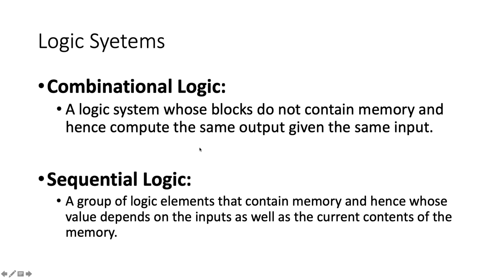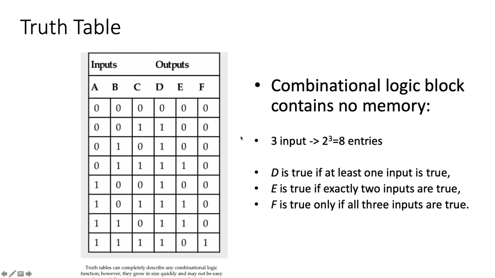So as an example, remember we had a truth table that I was showing you previously. Given 3 inputs, because they are binary, you have 3 inputs, A, B, and C, and you have outputs there. Given 3 inputs, you have 2 to the power of 3 entries because these inputs have different permutations, right? All of the 3 could be 0, up to the point that all of the 3 are 1.